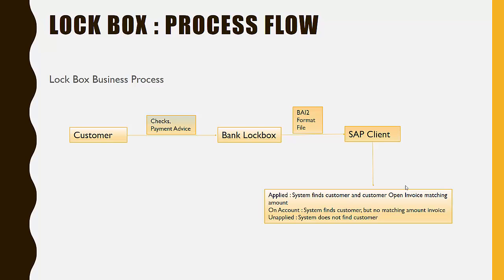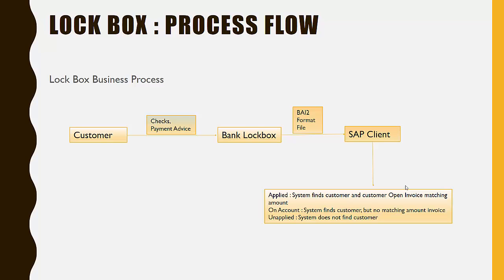This file has the customer name, check number, and the amount of the check, and some other details like the customer invoice for which the payment has been made. This electronic file, which has a BAI2 file structure, is sent electronically by the bank to the company.